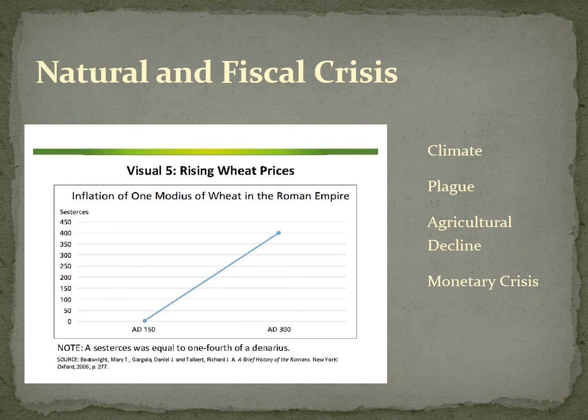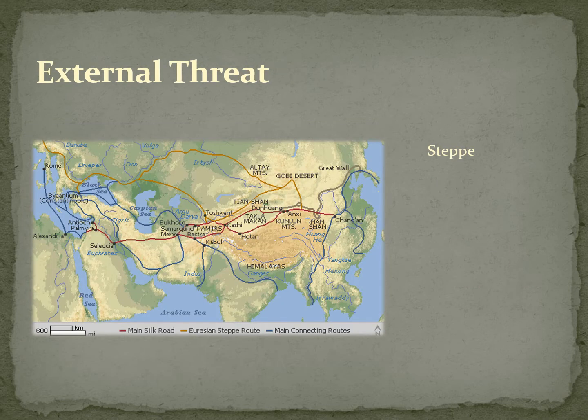One of the things that had enabled the Pax Romana was the fact that Rome had largely defeated all its enemies. But that was about to change. And change started a long, long way from Rome. Out here is Central Asia.